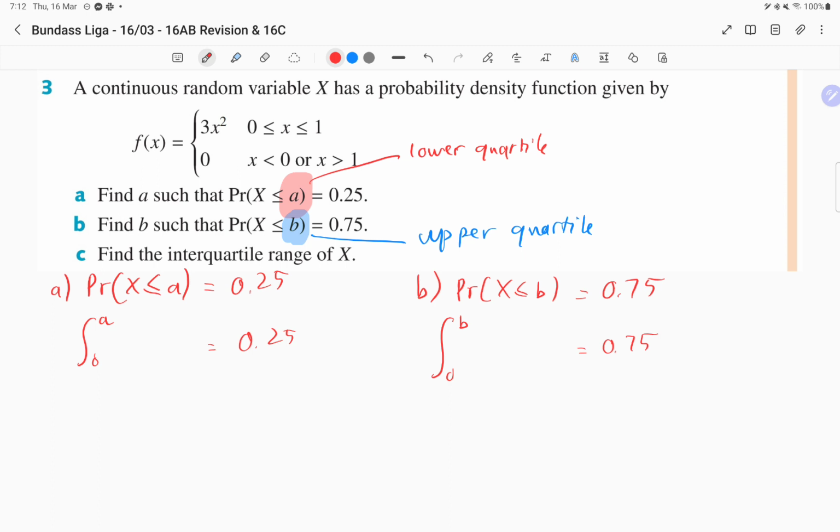Wait, for A, would you integrate from 0 to A? Yes, from 0 to A, because the area to the left of A is 0.25.